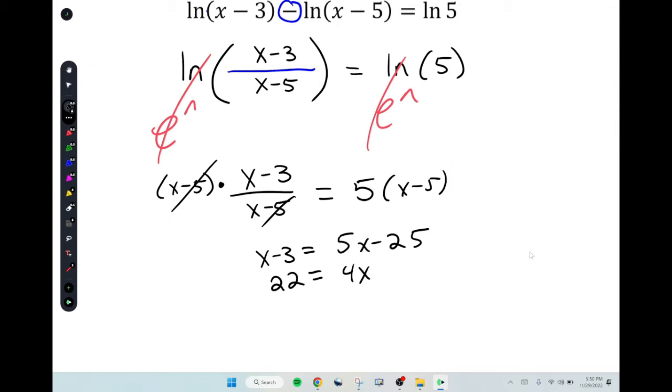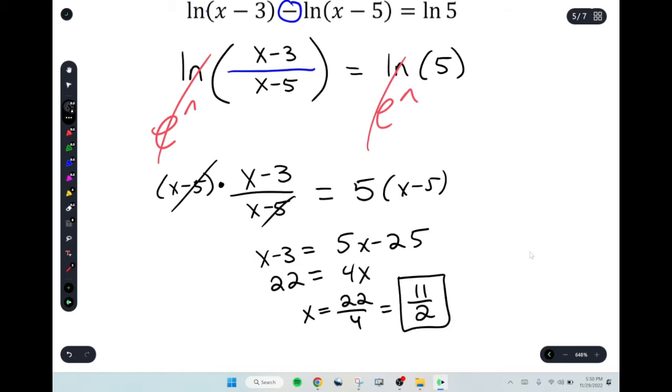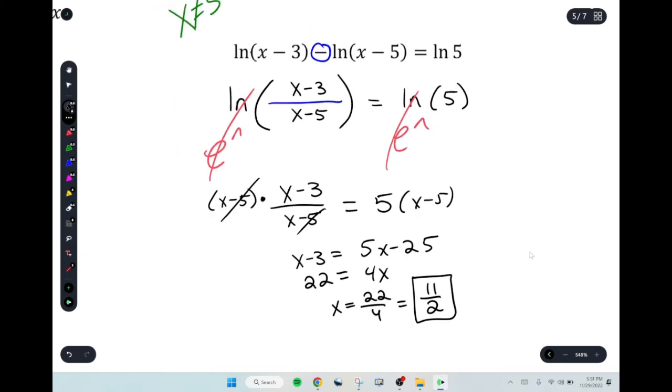Unless I'm wrong. No, I'm right. And then probably say x better be 22 over 4, which is 11 over 2. Is that 5? No, but it's 5.5. It's kind of funny.